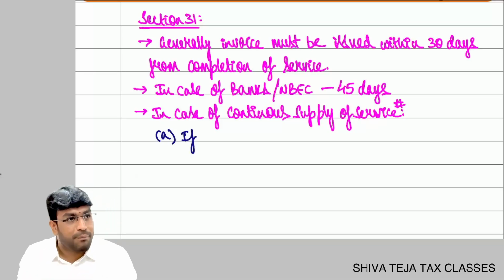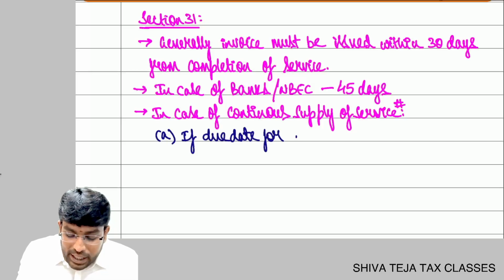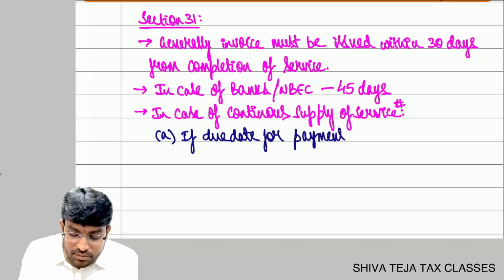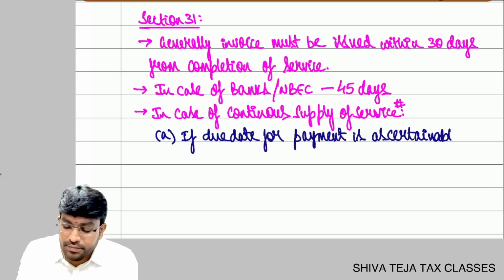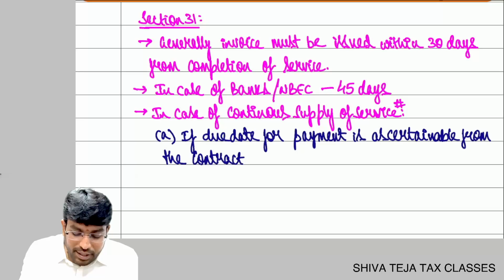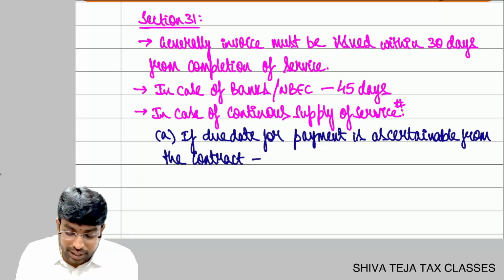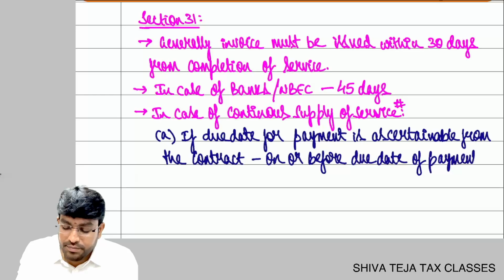In case of continuous supply of service, if due date for payment is ascertainable from the contract, then the answer is on or before due date of payment.